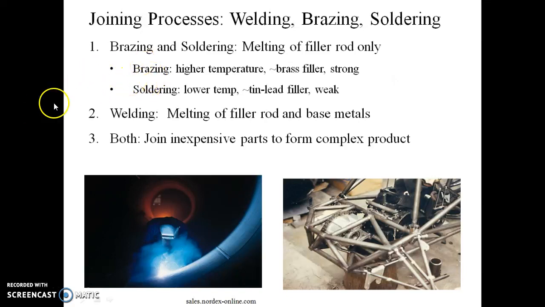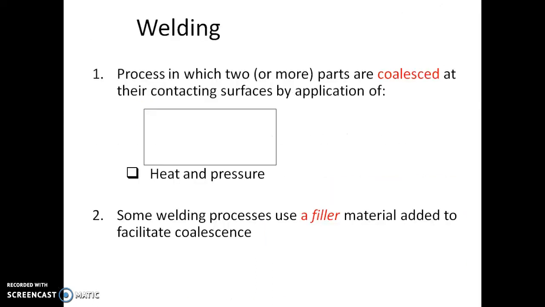In case of brazing, brass fillers are used, which is somewhat stronger than soldering, and in case of soldering, low temperature tin lead filler is used. Brazing and soldering are not expected to withstand higher strength or higher temperature, whereas welding can be used in very high heat environments. So let us see one by one.